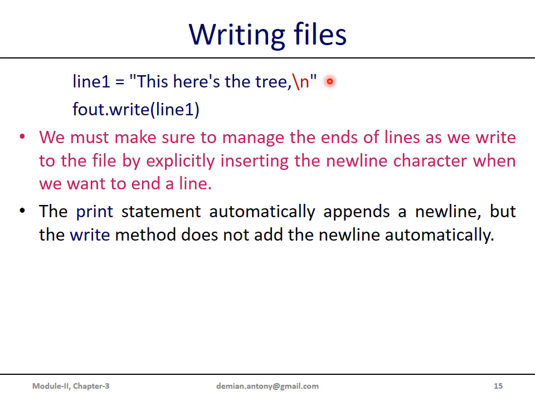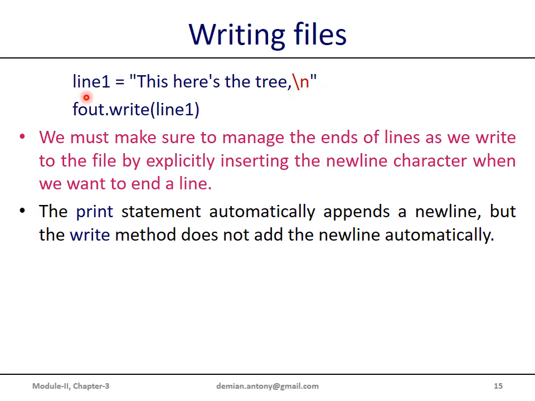Why does this new line need to be inserted? While writing contents onto the file, the write method will not append a new line character. If you use the print method in Python, print will append a new line character. The write method, which is associated with the file handle, will not append the new line.